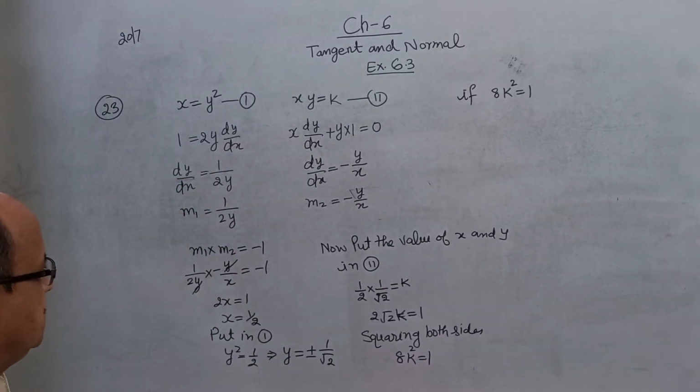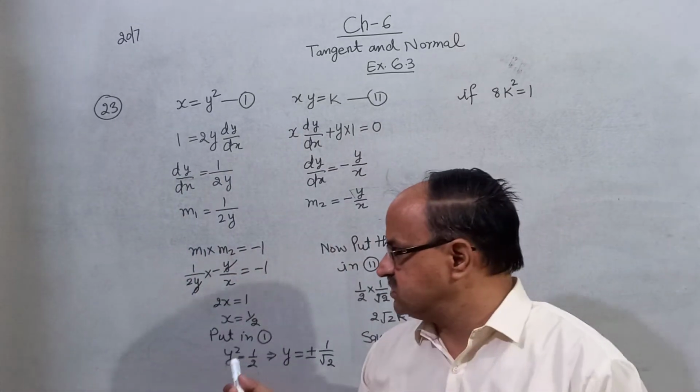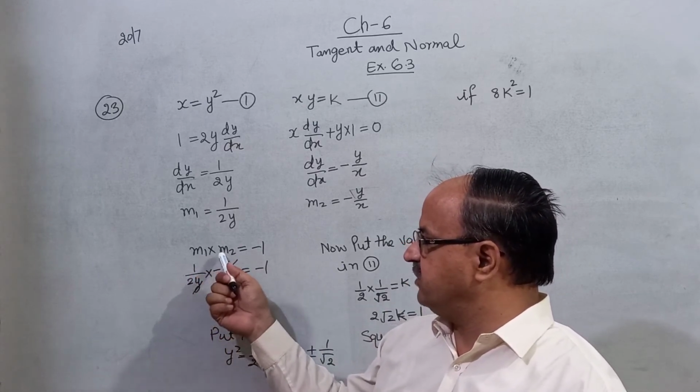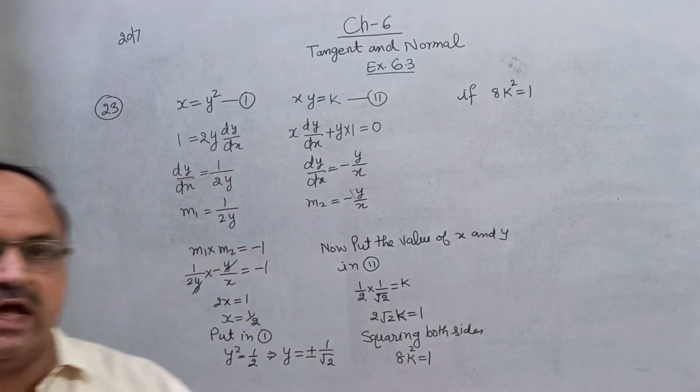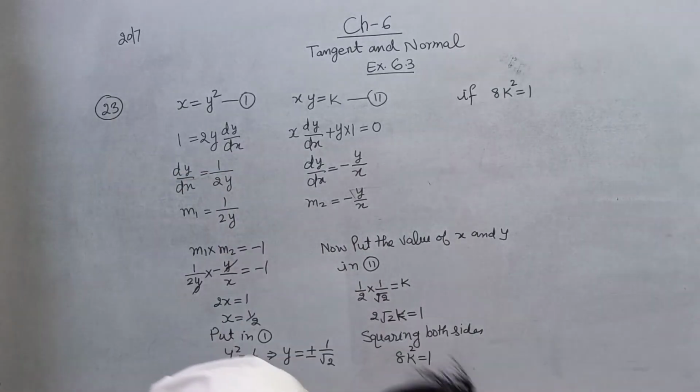And you can solve this question with another method also. Suppose by taking the left hand side, m1 into m2, you can prove m1 into m2 is equal to minus 1. Right? How?